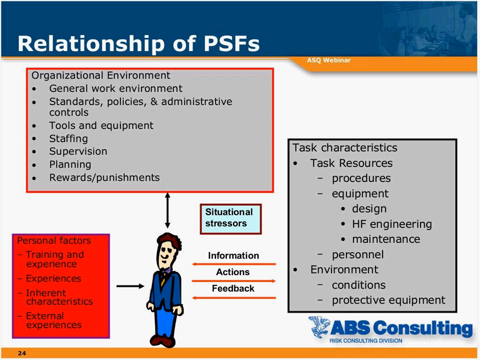A little about the relationships of the performance-shaping factors. You see how we have our worker there at the bottom, and there are some personal factors, internal factors: the training, the experience, the inherent characteristics of our employee. We have the organizational environment impacting our person, and the task characteristics. They come together on the people. In the task characteristics, there's information moving back and forth between the human being and the system.